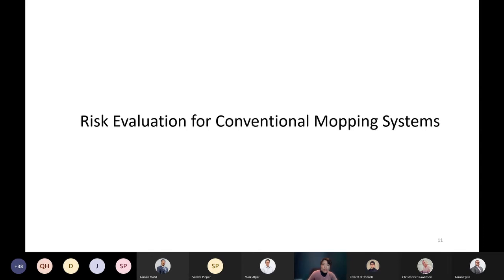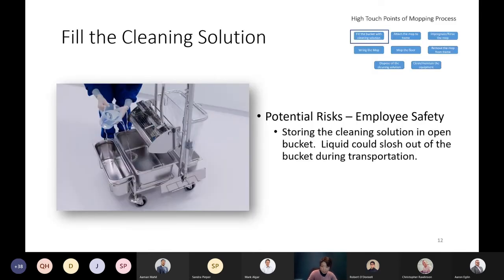So we'll just take a quick look at each step, thinking about the risk for each step, and then do a further evaluation. So first of all, fill the cleaning solution, right? You fill the bucket with the cleaning solution. What are the potential risks?